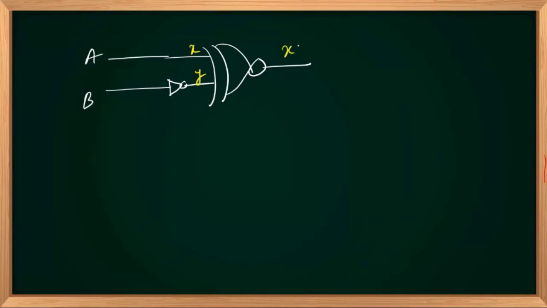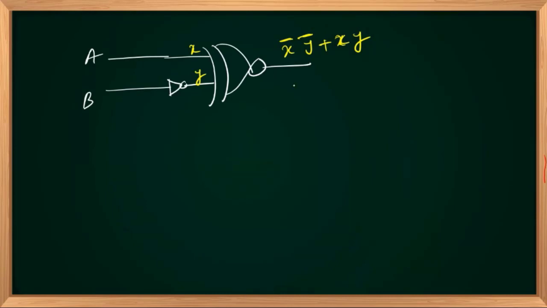One NOT gate is connected here like this for XNOR, with inputs A, B. If the actual inputs are X and Y, the XNOR will be X bar Y bar plus XY. Correct? XNOR operation: 0, 0, 1, 1. Correct? Actual inputs. So very simple.